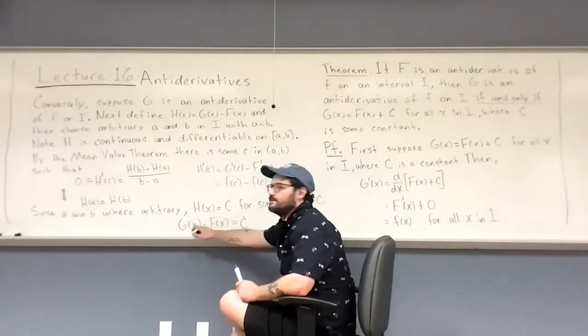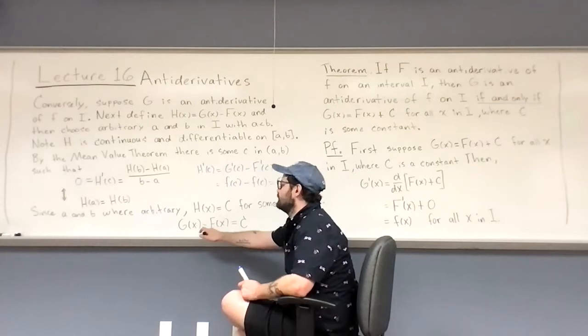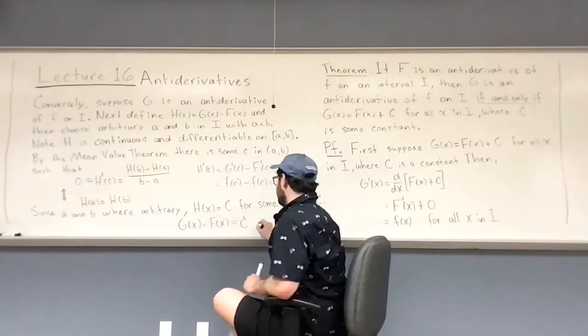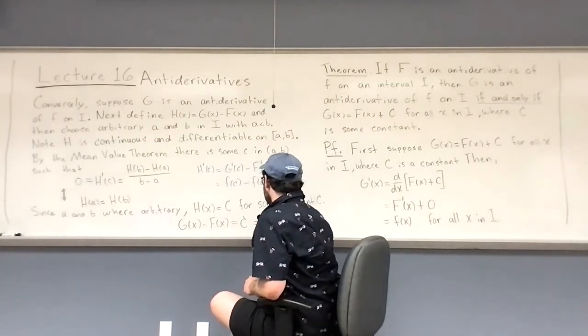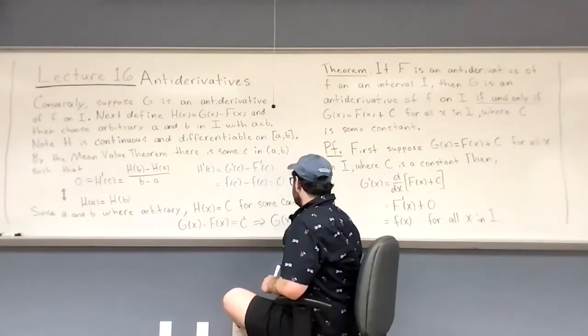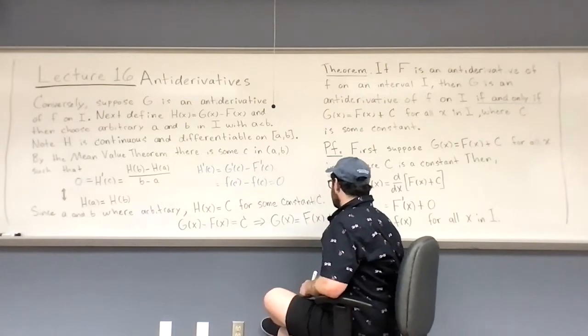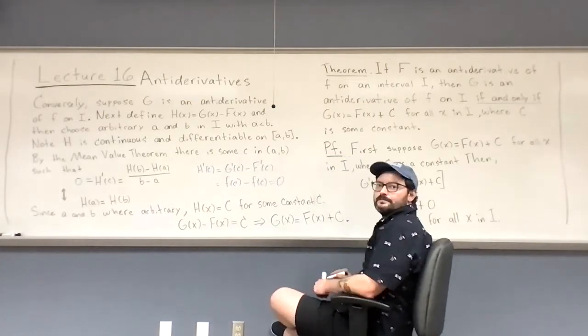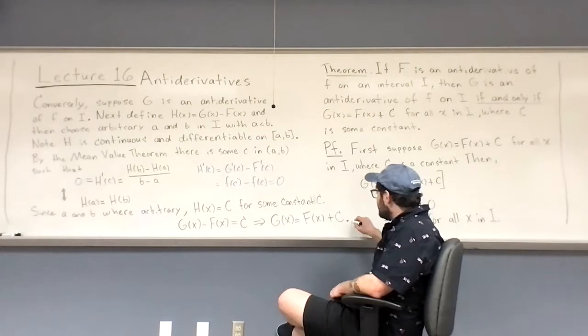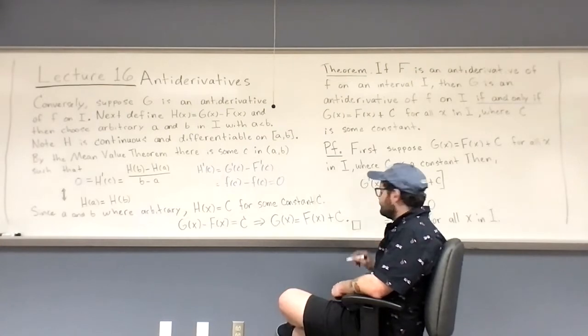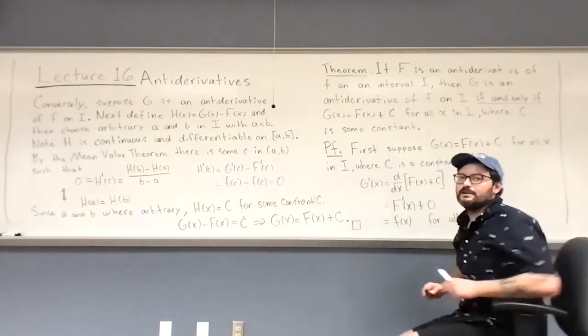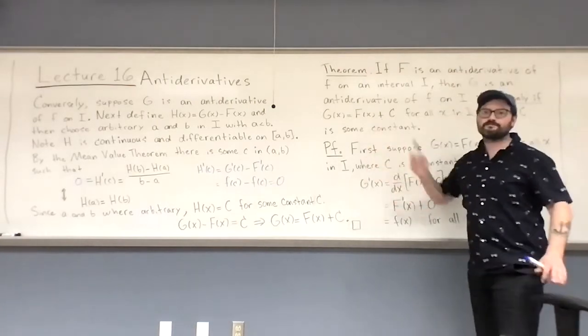Yeah, h of x is equal to this difference, right? So I just plug in what it is, and then I solve for g. g of x is equal to capital F of x plus c. And then that completes the proof. Because look where we ended up. There.